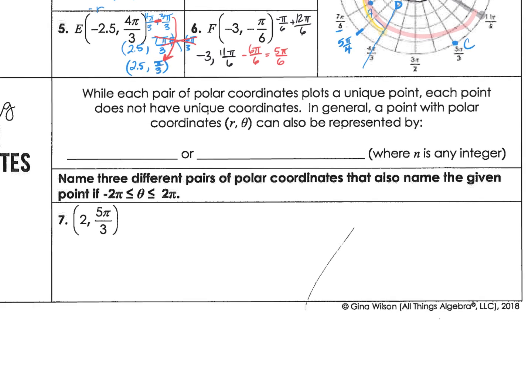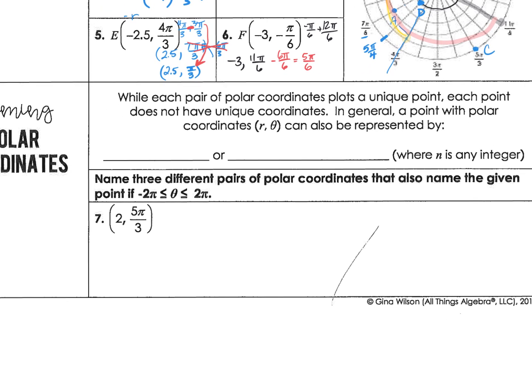In general, a point with polar coordinates r, theta, as we just figured out, you can go around the circle plus multiples of 2 pi n, or you can flip it around and make it multiples of pi n, where n is any integer.